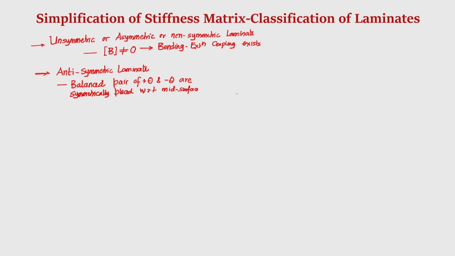That means, suppose you have a laminate, and this is the mid surface or the reference plane, say there is a layer at a distance of z k bar for which the fiber orientation is theta k and its thickness is t k.